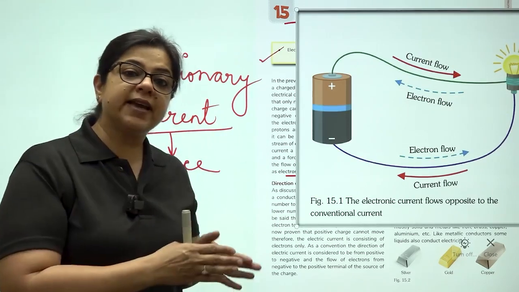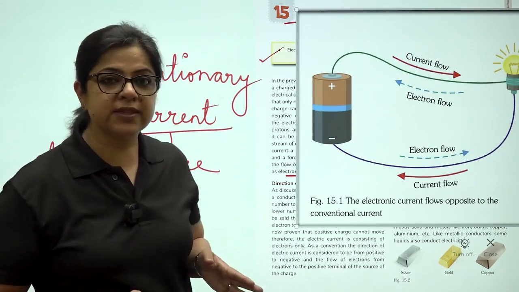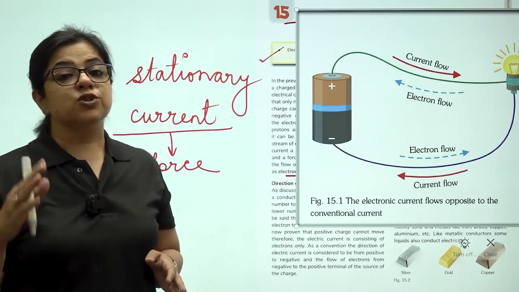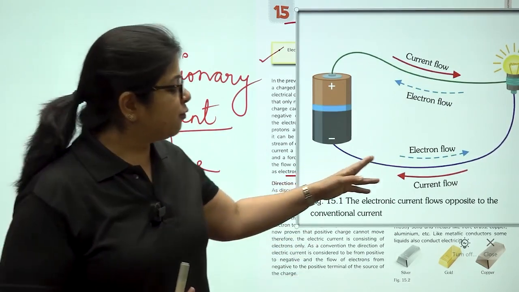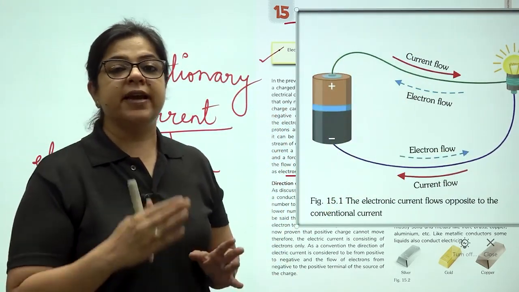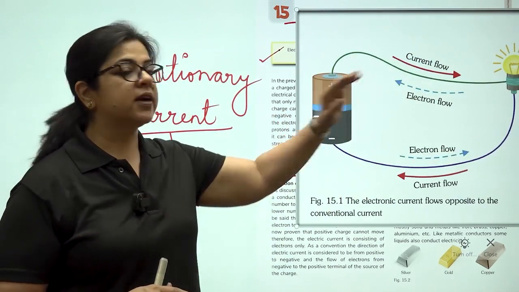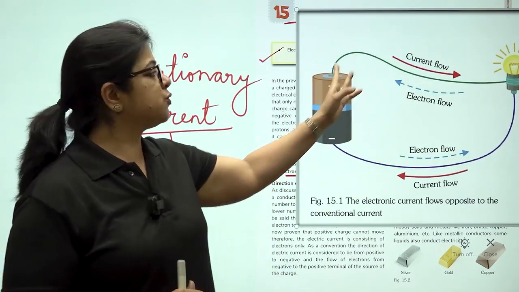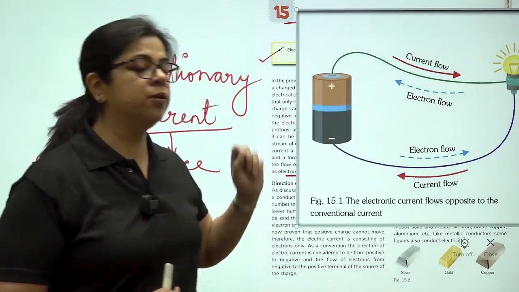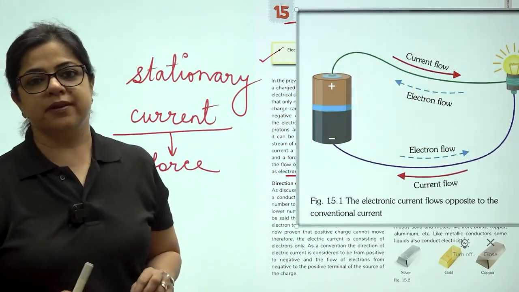So when the electrons are negatively charged, they will not move towards the negative terminal. They are going to move towards the positive terminal. So what do we understand here? That the flow of electrons is in the opposite direction in comparison to the flow of current. So while current flows from positive to negative terminal, electrons flow from negative to positive terminal.